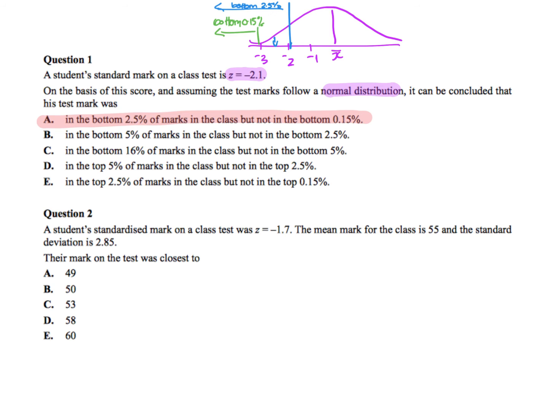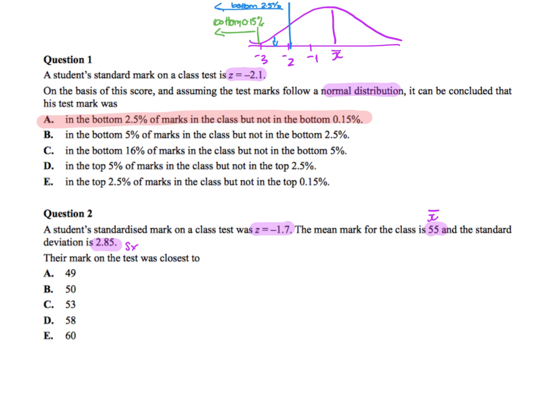So to question 2. A student's standardized mark on the test was negative 1.7, and the mean for the class was 55, and the standard deviation was 2.85. It says their mark on the test is closest to.